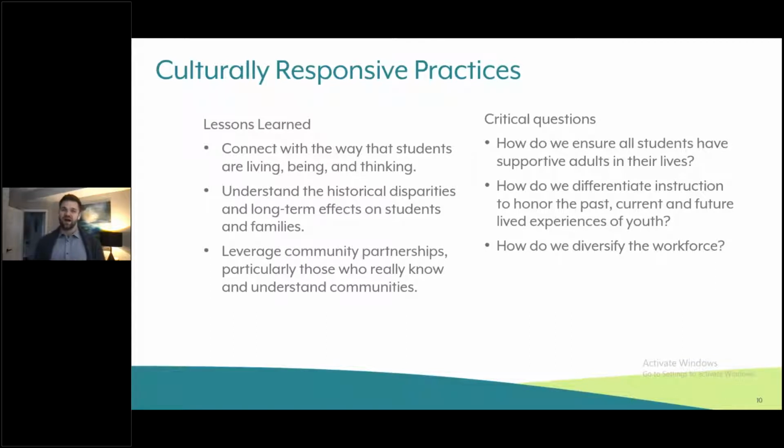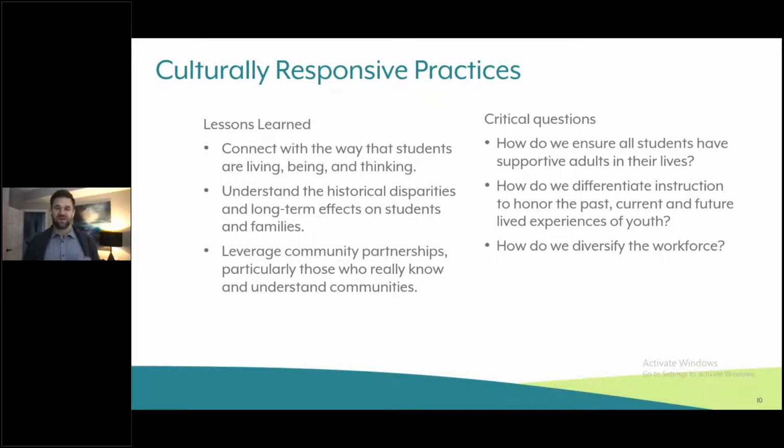To really understand the historical disparities that have existed and the long-term effects they can have on students and families. And how then do we combat that through understanding our own implicit biases? How do we do that through connecting with community partnerships, particularly those who really understand and have worked deeply within communities and engage with them in different ways? We're really trying to connect more broadly with those partnerships and community organizations.